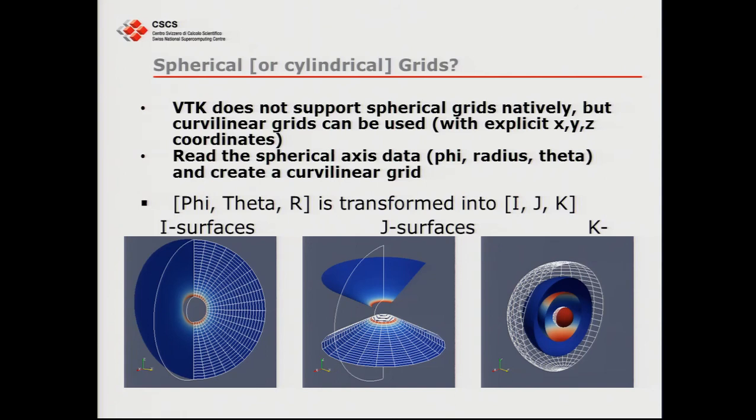The answer is no. The reason is the VTK objects of the pipeline don't have a native object for a spherical grid or a rectilinear grid. But we can still do it. We have to transform the data into spherical space at the time of the display. So this can be done, and I can help you with that as well.